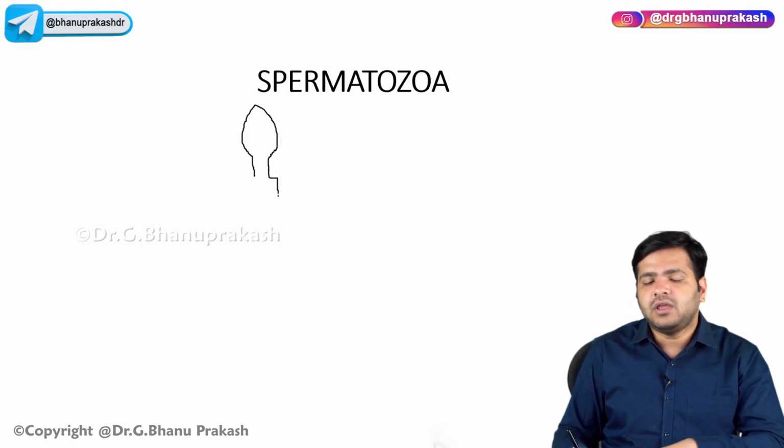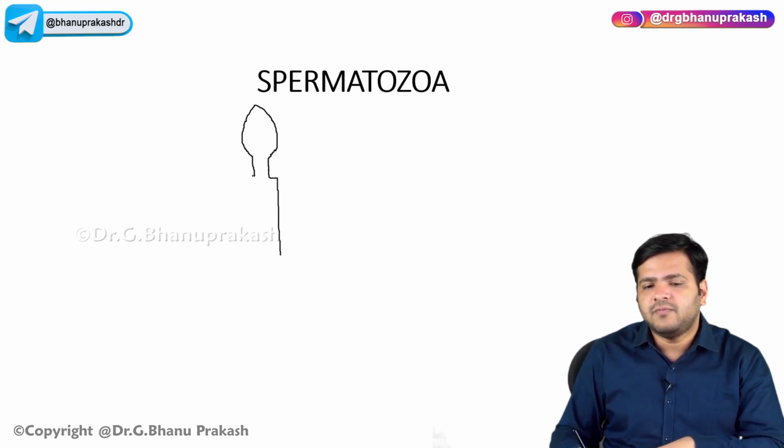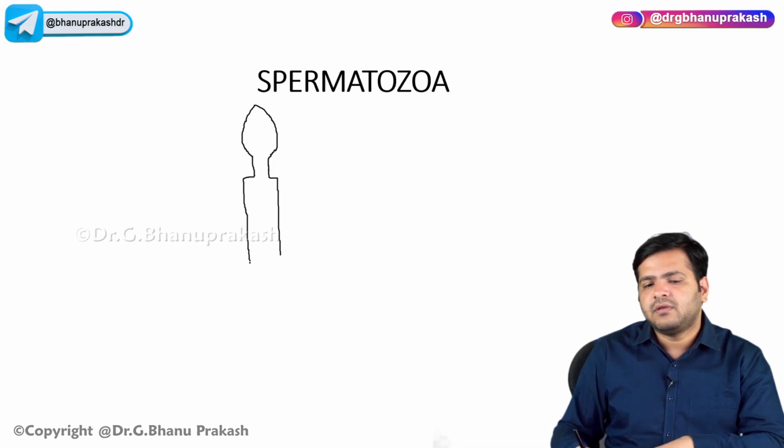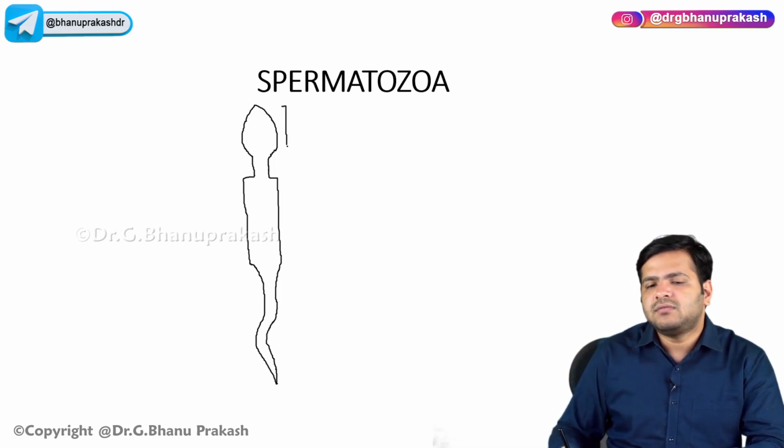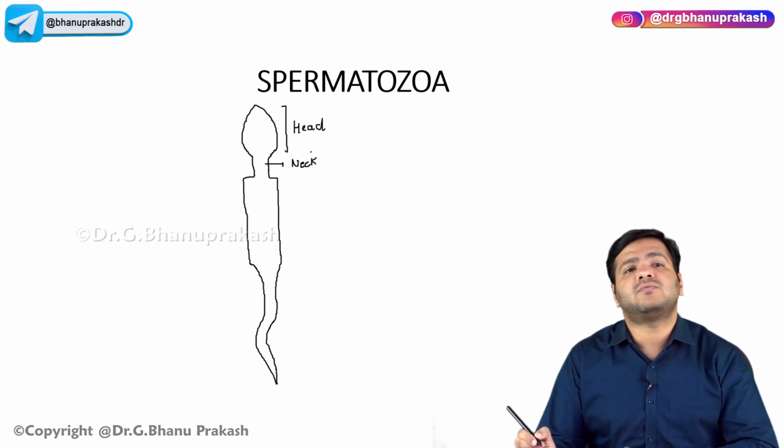Then we have the body of the sperm, which contains the various mitochondria, right? And at last we have the tail of the sperm. So remember that this is the head, this is the neck of the sperm. The head also contains the acrosomal cap, right?